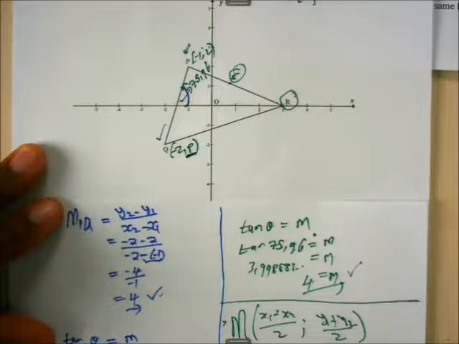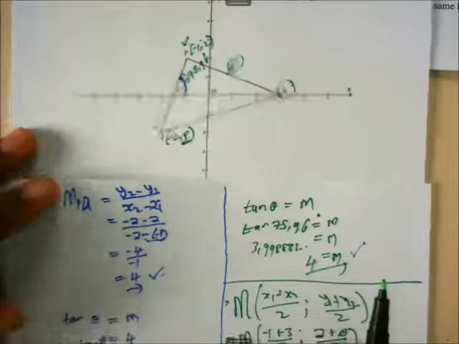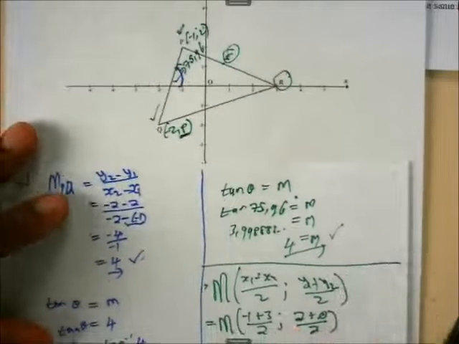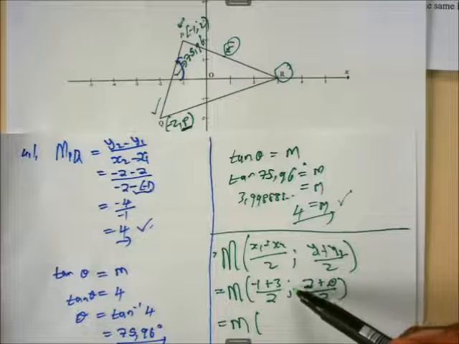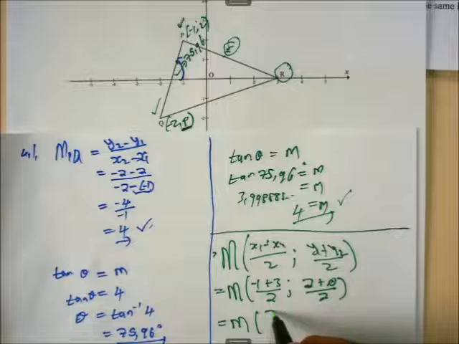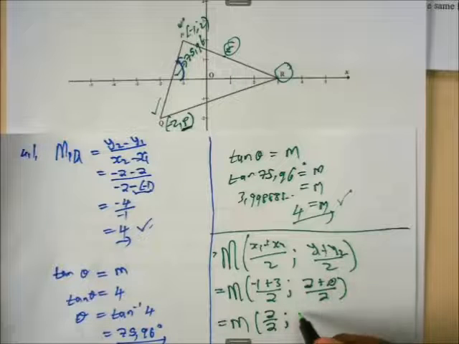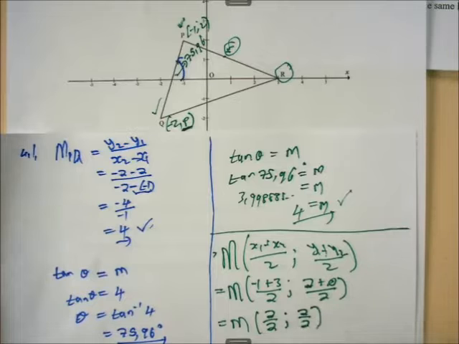Now from here we can simplify to say, then we have minus 1 plus 3. What is minus 1 plus 3? Minus 1 plus 3 is 2. Is that correct? Yes. That is 2 divided by 2. And then 2 plus 0, of course, is 2. We divide by 2 as well.